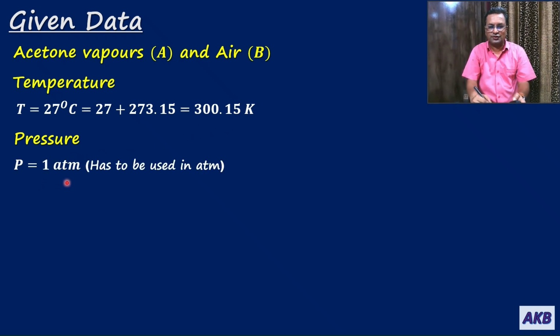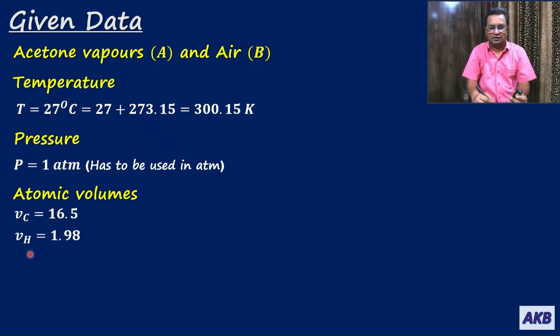Pressure is 1 atmosphere. And with Fuller et al. Method, it has to be used in atmosphere. So P is 1 atmosphere and there is no need of any conversion. Then atomic volumes are given to us. For carbon, let us denote it as Vc, it is 16.5. For hydrogen, Vh, it is 1.98.